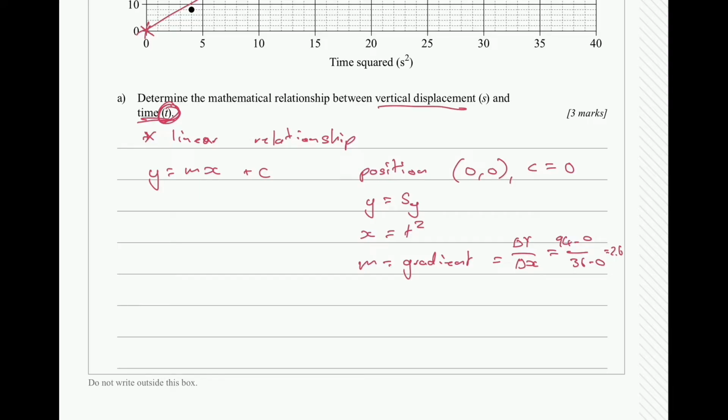So we end up getting a relationship of sy, because I'm just substituting all of these values back into that equation, not forgetting that c value. So that ends up being sy is equal to a gradient of 2.6 multiplied by our x value. Remember, x is equal to time squared plus a 0. I'm not going to write it out, and that's our relationship. So our vertical displacement here is going to be equal to 2.6 times time squared.